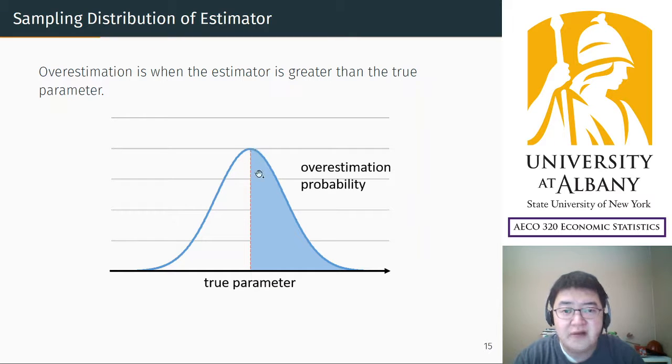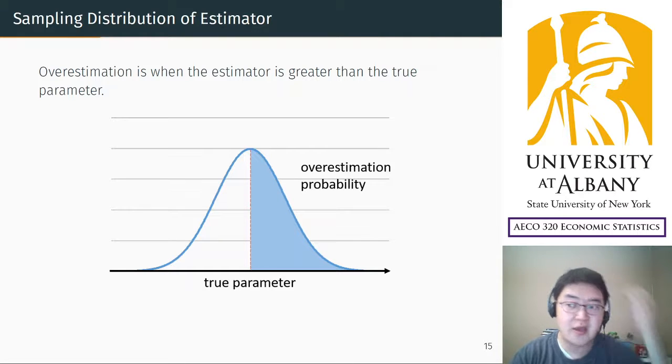The area on the right side of the true parameter is the probability that your estimator lies on the right side of the true parameter, which means your estimator is greater than the true parameter. So this area is the overestimation probability, right?